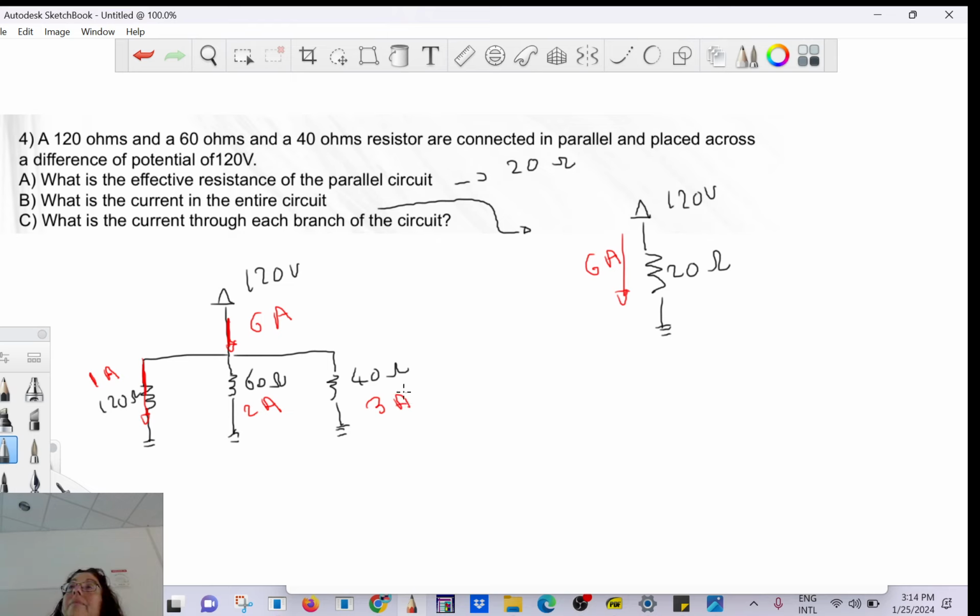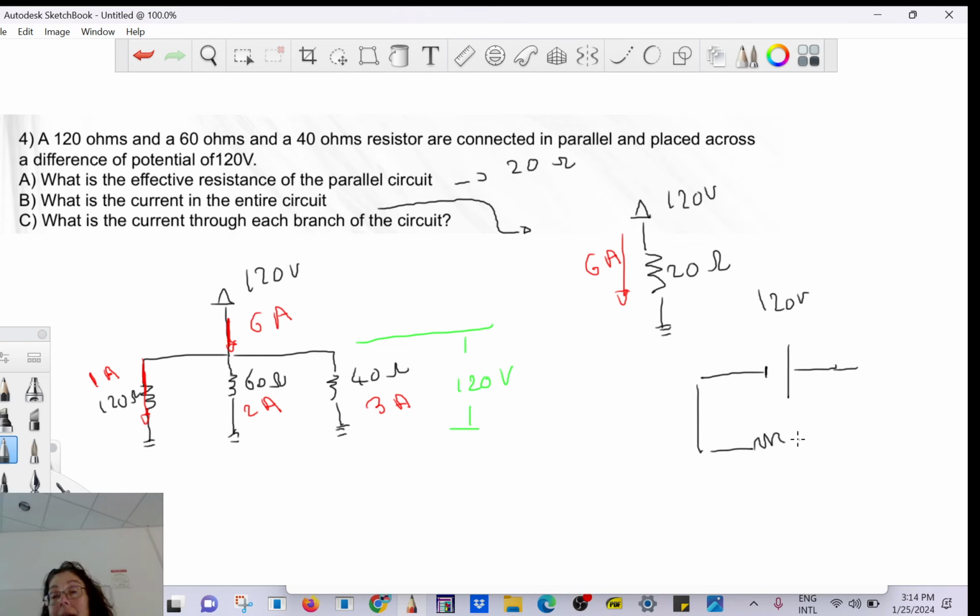Okay, is that clear? Now all across the branches, they are all happy because they get a power supply of 120 volt. So that's how it works. If you do the schematic, you're going to have 120 volt. That could be your AC, because even if you have AC, you can use Ohm's law.